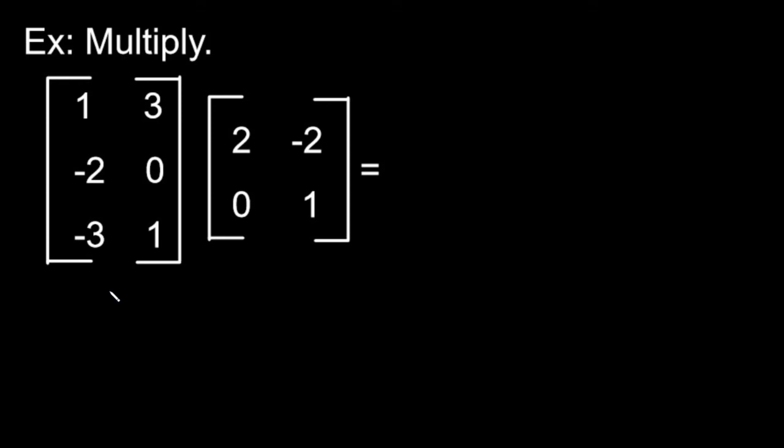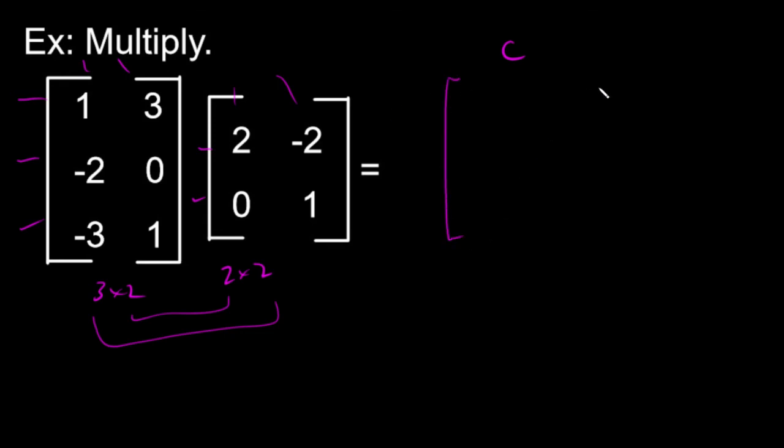Okay, so first off, check for compatible dimensions. Make sure they can be multiplied. So this is a 3 by 2, and this is a 2 by 2. Check the inside numbers. They match. Check the outside numbers. All right, so our matrix, I will call our answer C. It's going to be a 3 by 2.